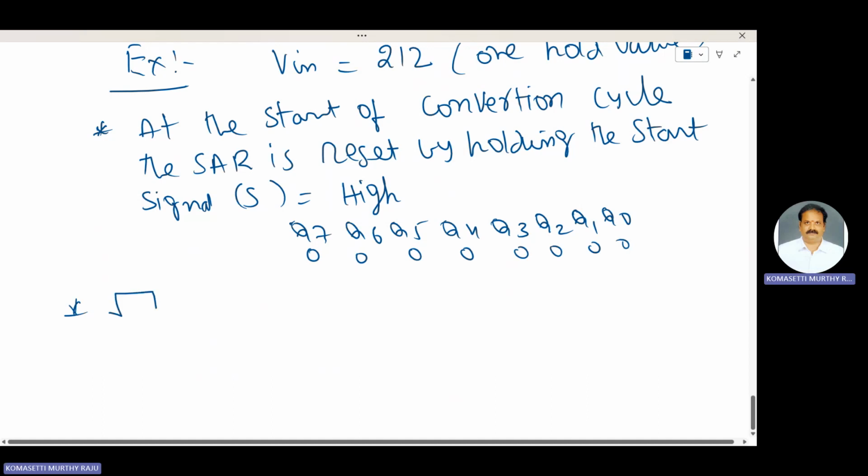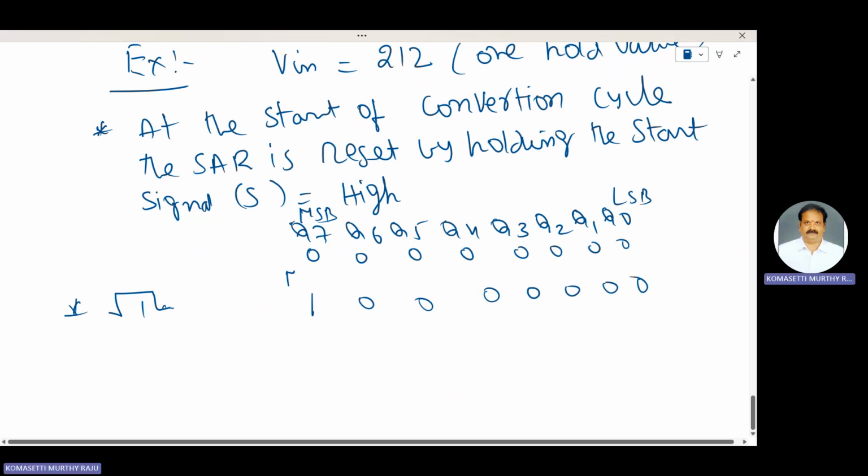For the first clock pulse, the transition is from low to high. For the first conversion, this one is MSB and this one is LSB. The MSB bit is set to 1, all others are zeros.